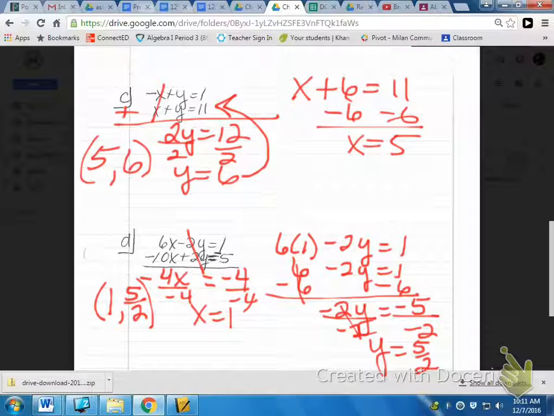So if 0 equals a number, what would you say for your answer? No solution. So it could happen that the variables fall out on these. And just remember the rule. If the variables fall out and the numbers left are equal, then it's infinitely many solutions. If the letters fall out and the numbers left aren't equal, you'd say empty set or no solution.